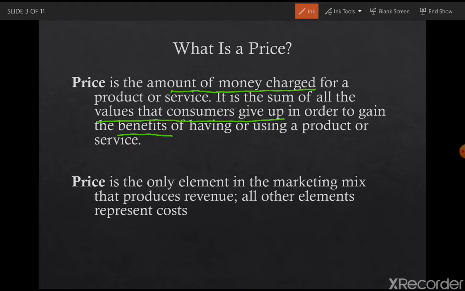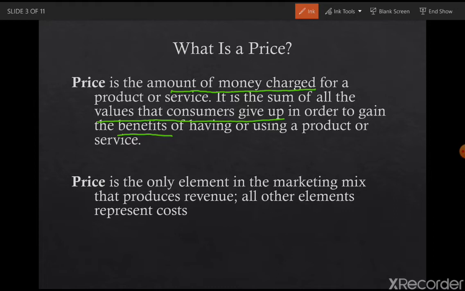So this definition is talking about the value and the benefits of the customers that you are going to give in a certain product or service to the customers, right?